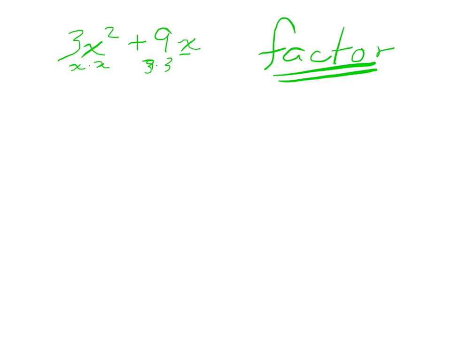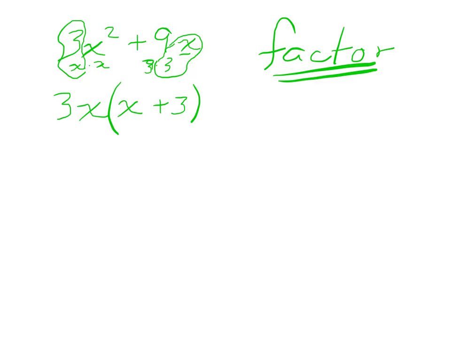So the common parts, I have a 3x common, and I have a 3x common. Okay, so we're going to factor that out. So I've got 3x, factor that part out, and now what do I have left over in the first part? x. And what do I have left over in the second part? Plus 3. That's not the neatest version of how I did that, but I think it gets the point across.